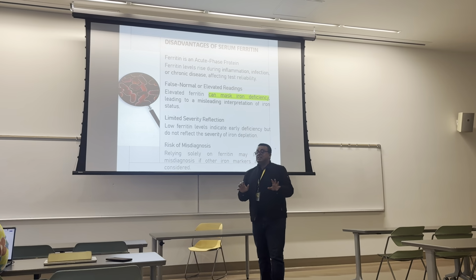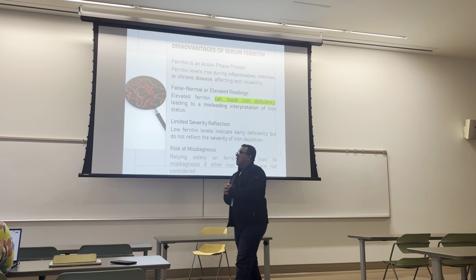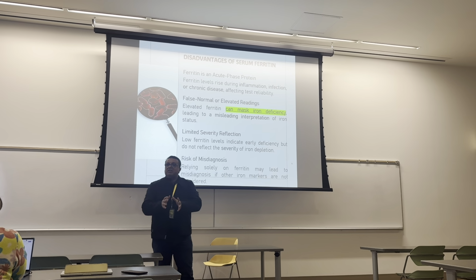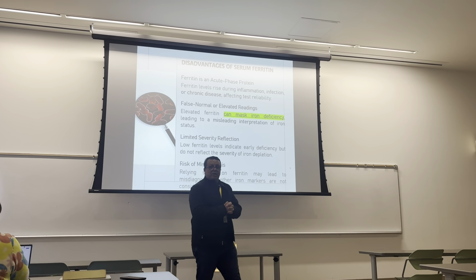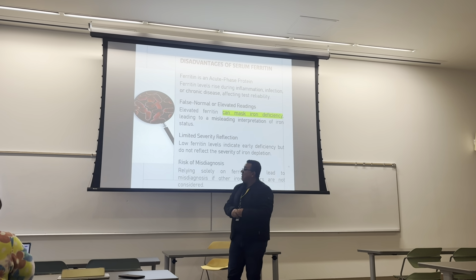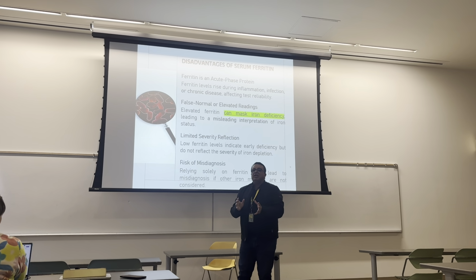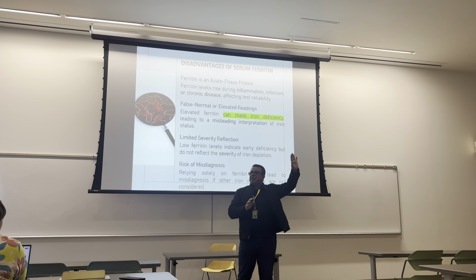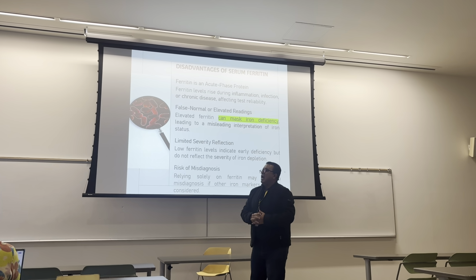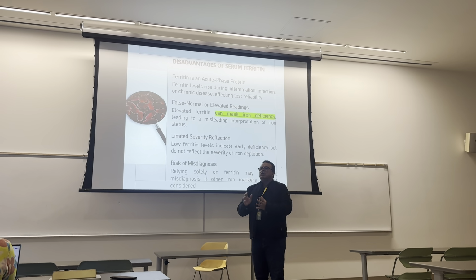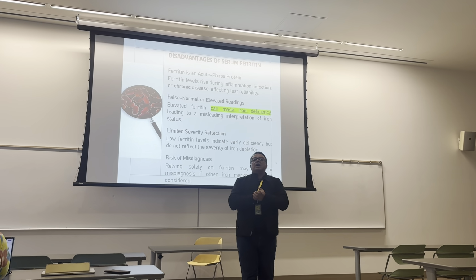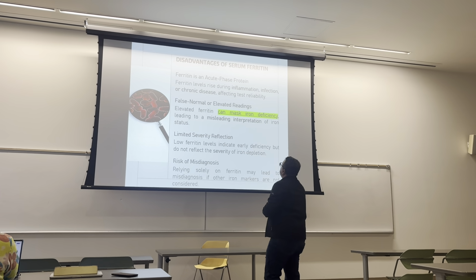Some people recommend that when I look at the CRP, C-reactive protein, which is an indicator of inflammation, and it is above the normal level, then they don't use the ferritin as an indicator. Some of the scientists and schools do corrective measurements to minimize the effect of the inflammation.